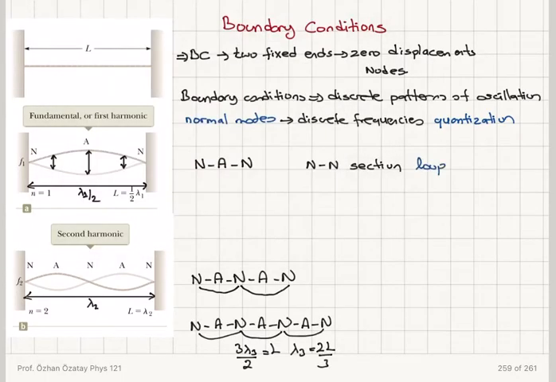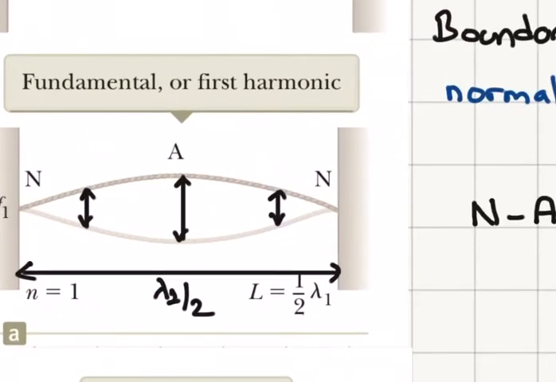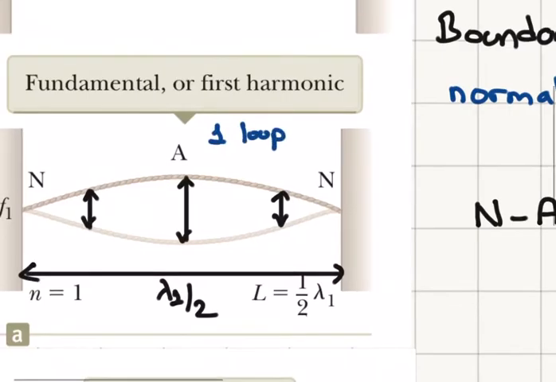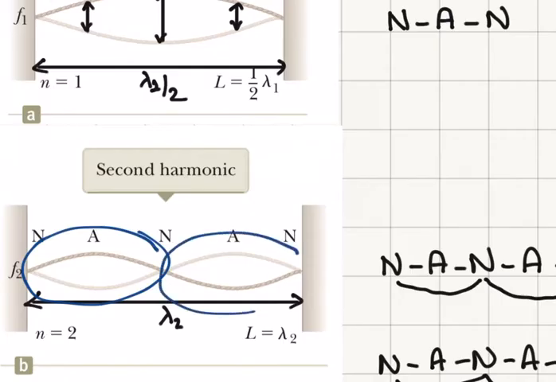Now whenever I see a node-to-node section, each section like this I call a loop. So when I look at this oscillation, this is an oscillation in one loop. And this is an oscillation in two loops, because I have node to node, node to node.